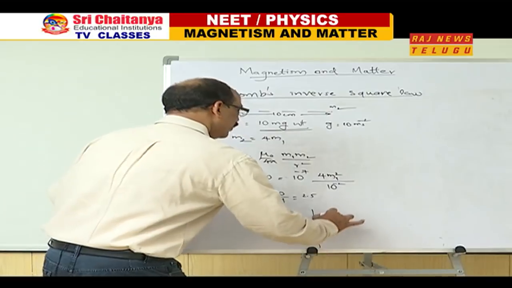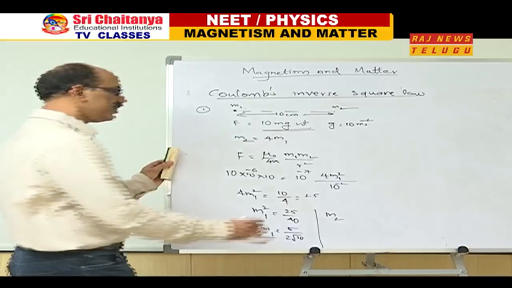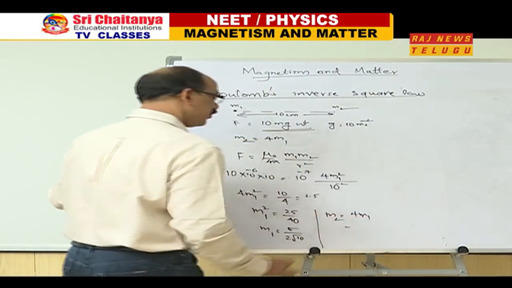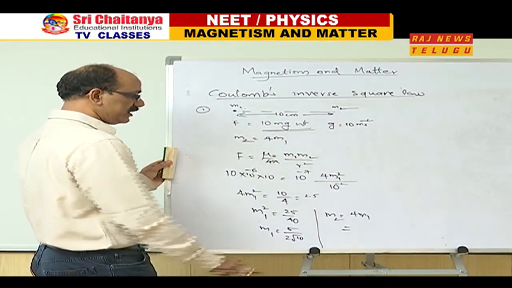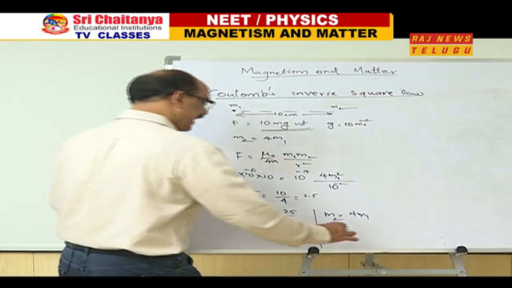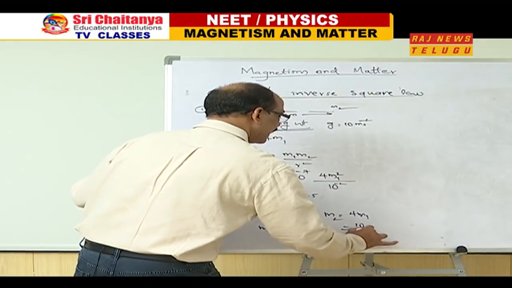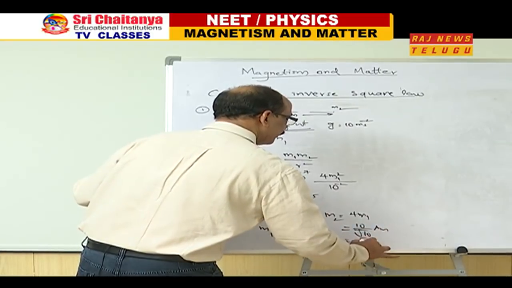And if you want to find the magnetic pole strength of the stronger pole, which is m2 equal to 4 m1, that happens to be 4 times 5 by 2 root 10 ampere meter, which is 10 over root 10, that is nothing but root 10 ampere meter.